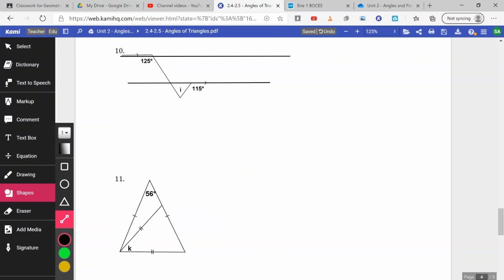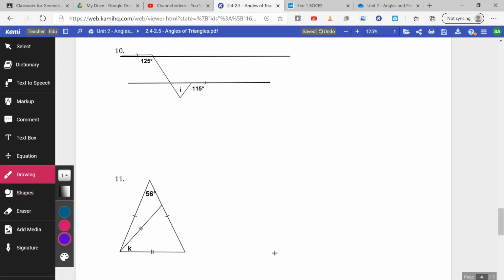We have this transversal here that cuts. So if this is 125, this tells me this angle right here is 125. So if this is 125, we know it's a straight line. They're going to add to 180. So 125 plus x is going to give me 180. Subtract 125 from both sides, we get x equals 55.